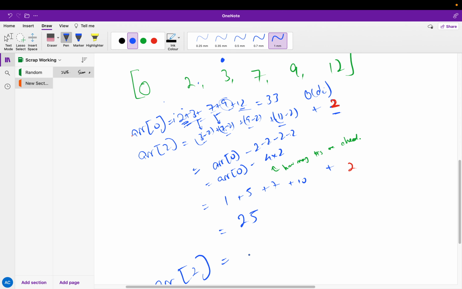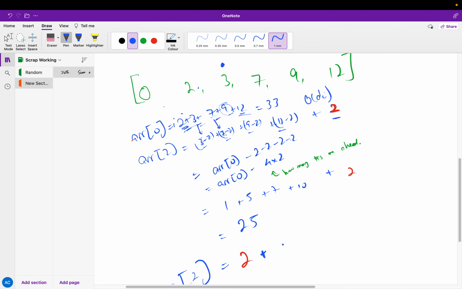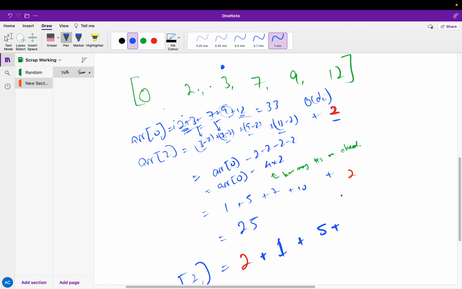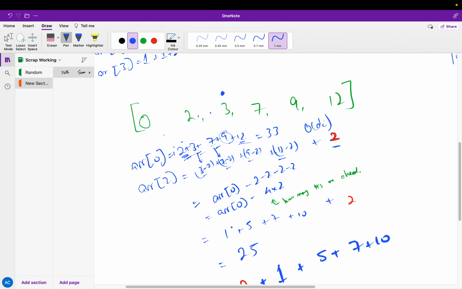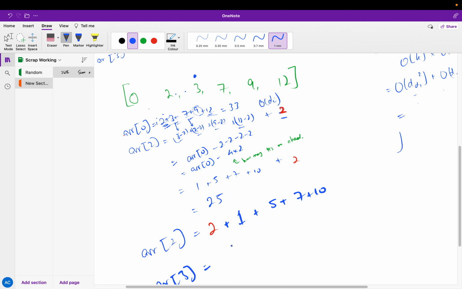Array 2, just for clarity, is 2. That's the backwards 2, plus 1 plus 5 plus 7 plus 10, right? Those are the forward jumps. Array 3 would be what?